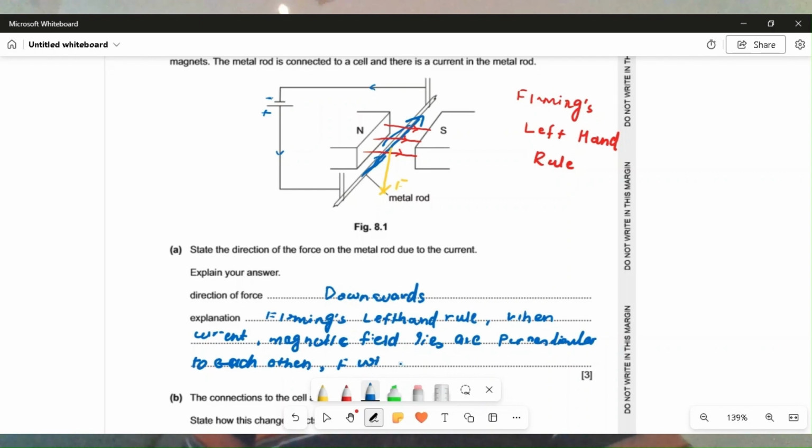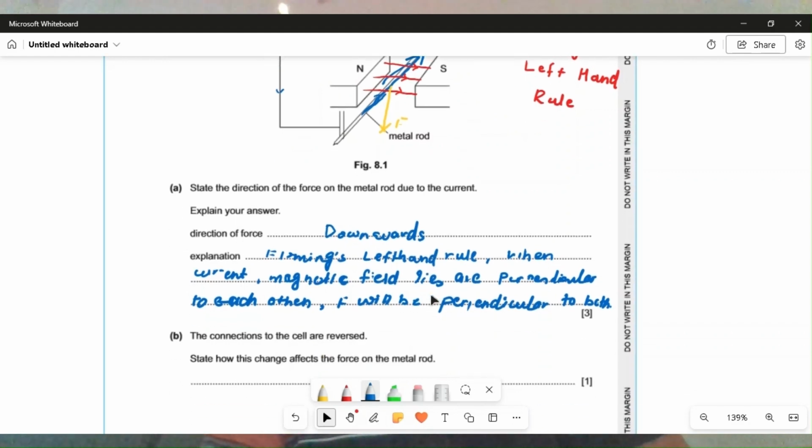Force will be perpendicular to both of them.